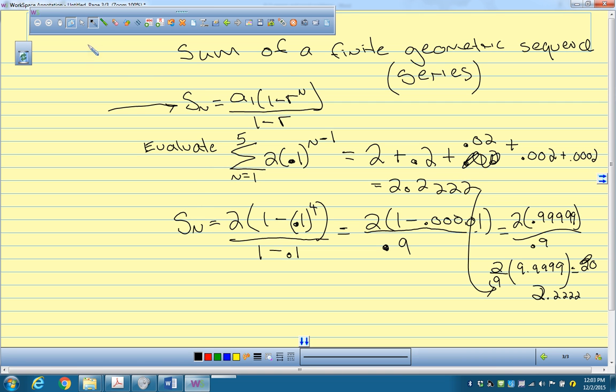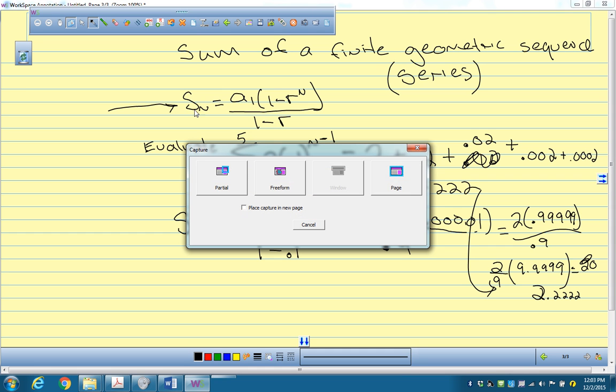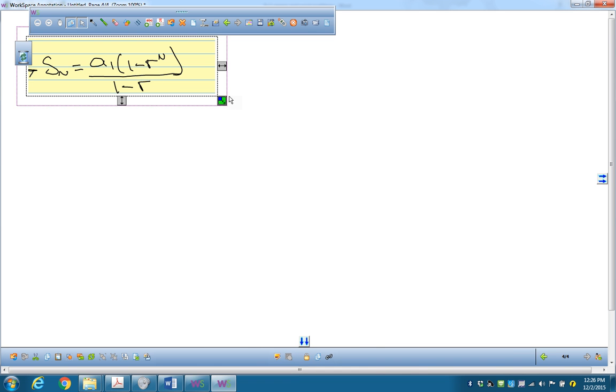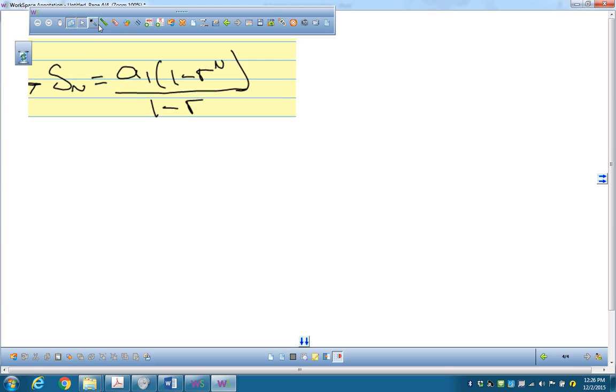But what's cool about this is where it gets kind of fun. I know you don't think it's fun, but what if I take this formula and I want to add up infinitely many terms?